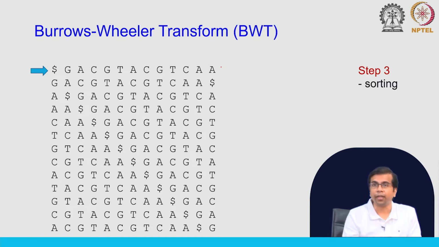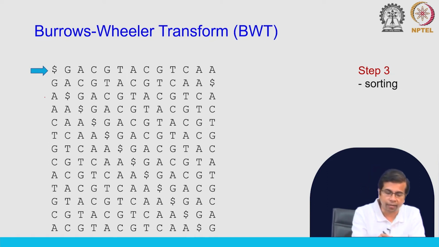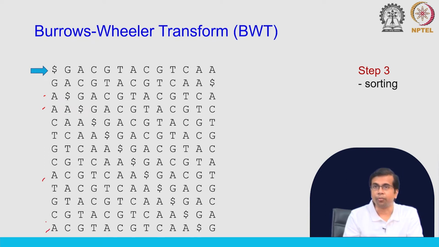Then from the rest we have to choose the second one now. It should start with A, I think. We have 4 letters A, T, G, C. If we sort that lexicographically, we have A, C, G and T. So, all the strings starting with A will come now. Out of those, you have 1, 2, 3, 4 starting with A, which one would come first?